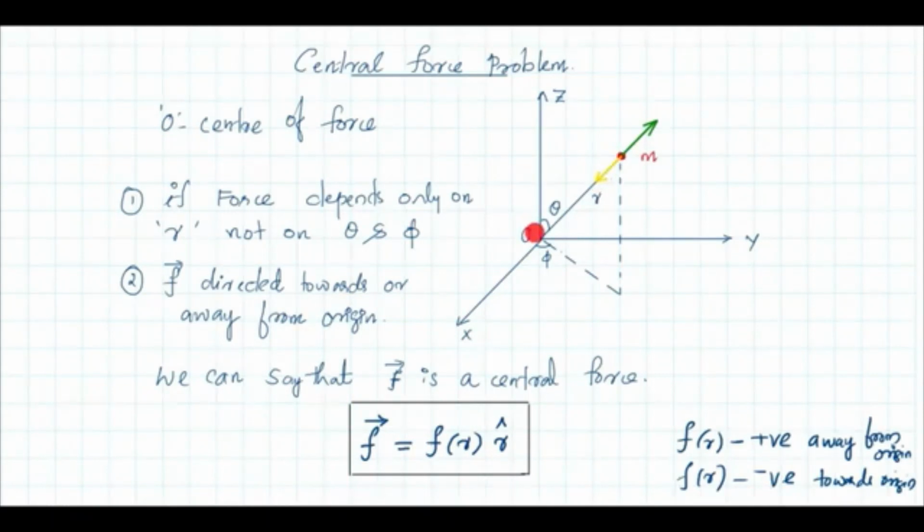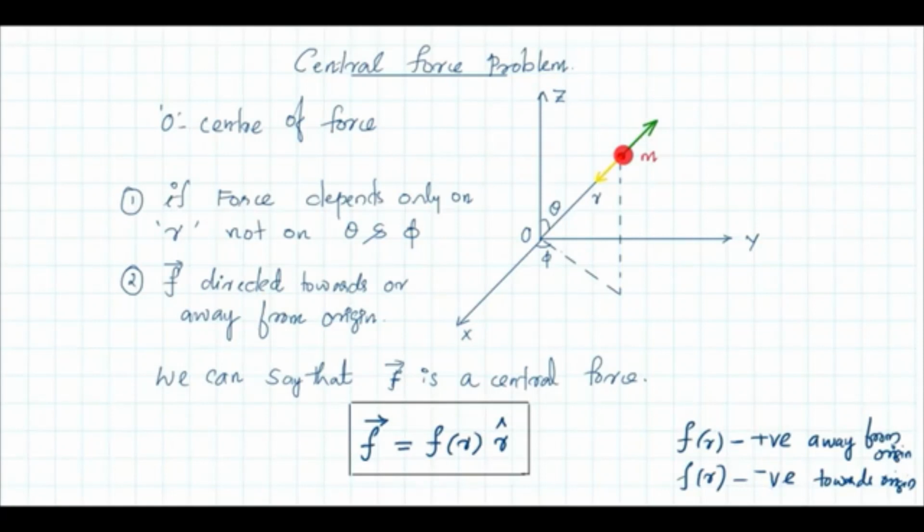So in order to define a central force, we need a center of force. Here we consider this origin as the center of force. Then for a particular particle of mass m situated at a point whose coordinates are r, theta and phi, the force should satisfy these two conditions. Okay, so we can say that it is spherically symmetric.